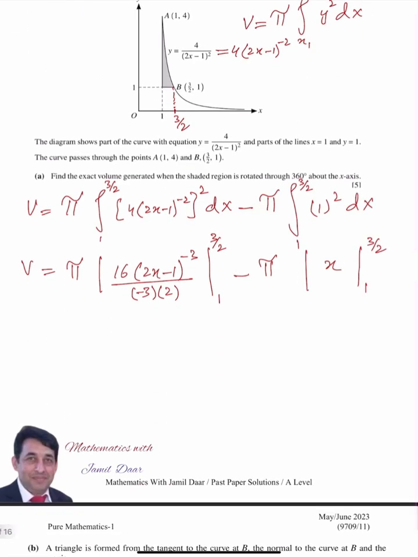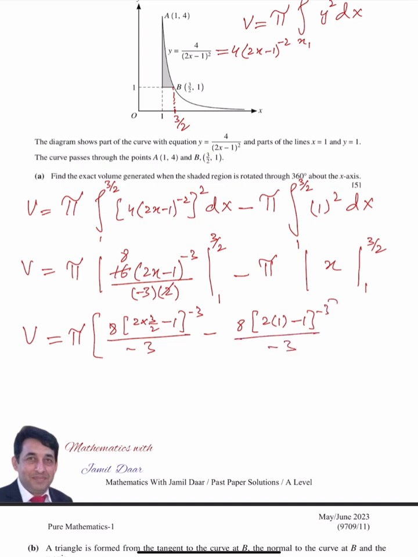Okay, if you substitute the values, V is equal to pi, 8 into (2 times 3 by 2 minus 1) to the power of minus 3 over minus 3, minus 8 times (2 into 1 minus 1) to the power of minus 3 over minus 3, and this will become minus pi times (3 by 2 minus 1).